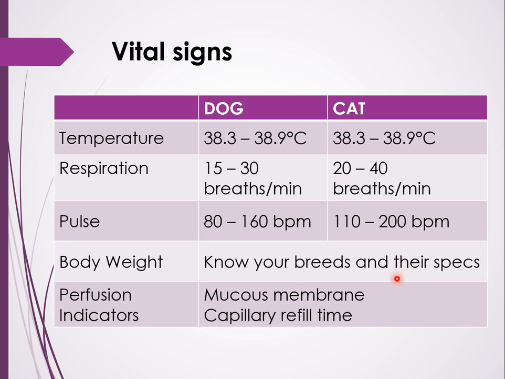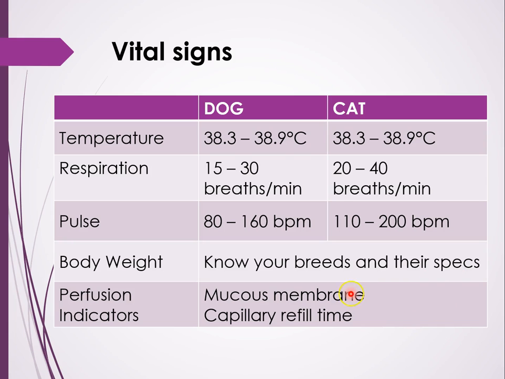Because how many of you know a normal body weight for a German Shepherd, for example? All right, what would be normal for a German Shepherd? Because normal for a German Shepherd can be very abnormal for small dogs such as Shih Tzu and Pugs and whatnot.